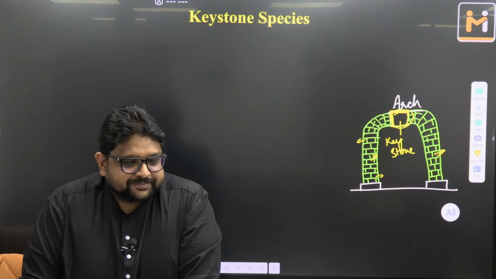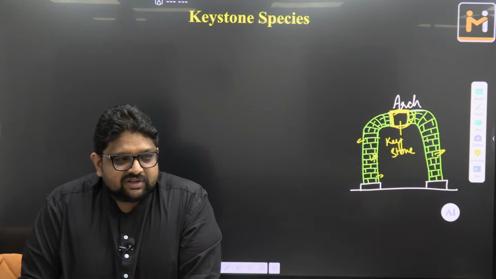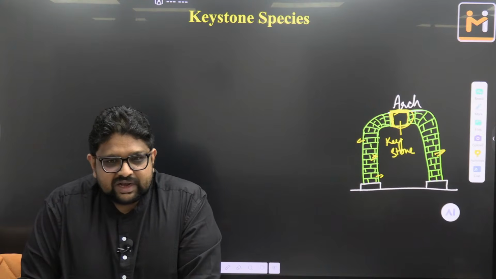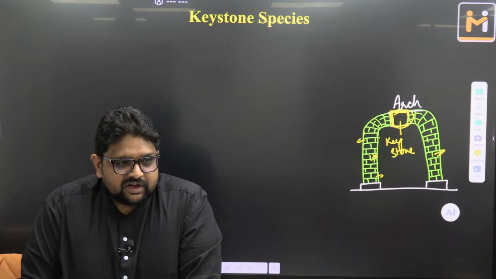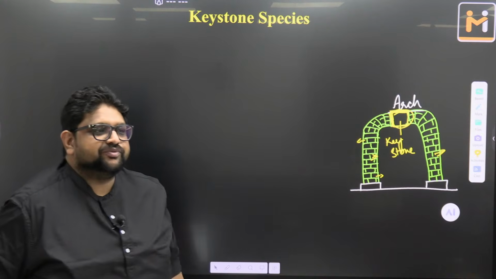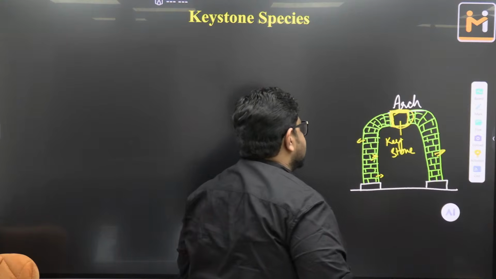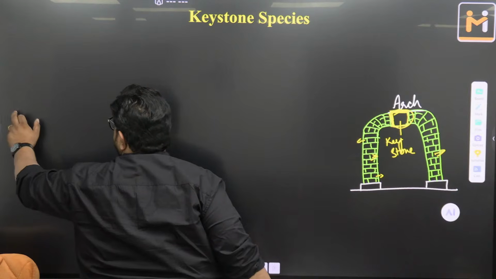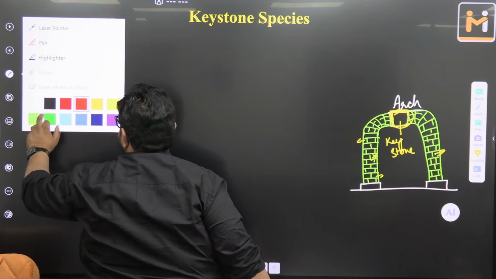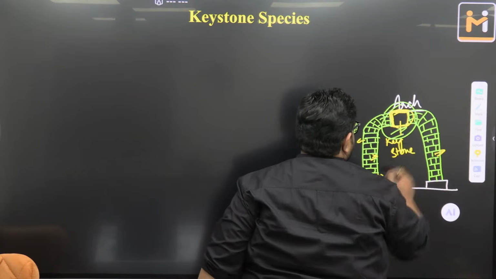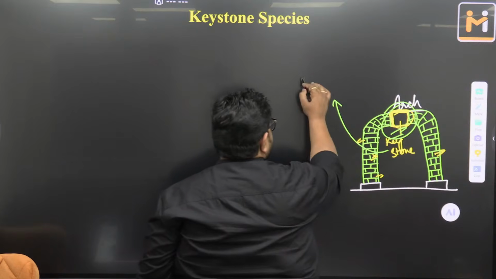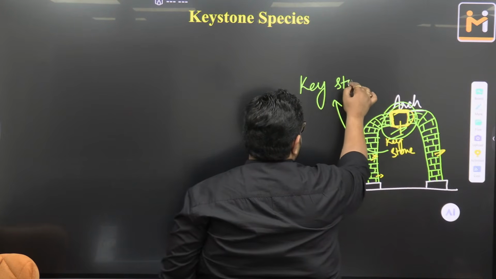Keystone species. Keystone means the main stone in an arch. If you remove that stone, the entire arch will collapse. Removing any other stone in the arch will not make much difference, but removing this particular stone will make a huge difference. Similarly, there are some species which are called keystone species.